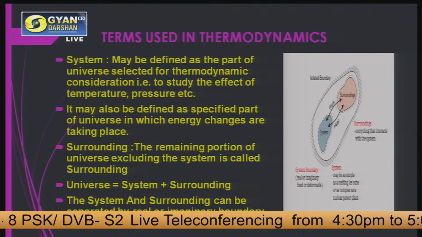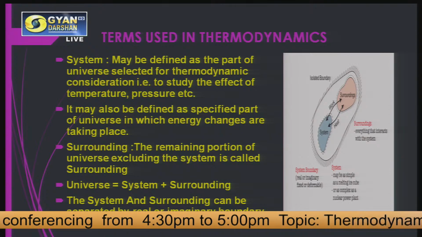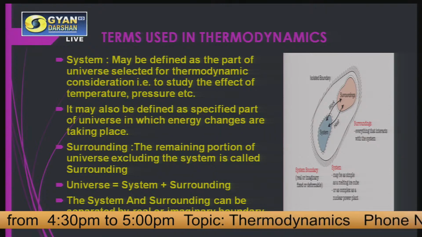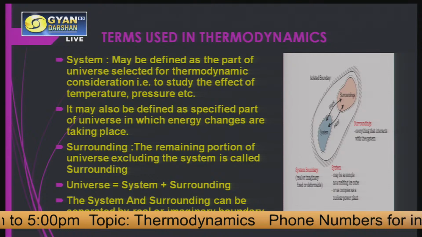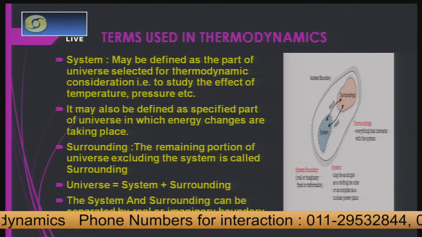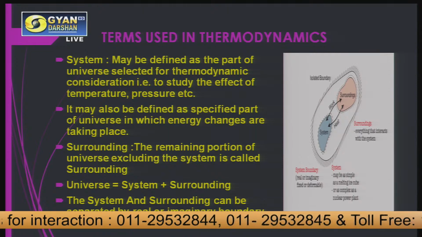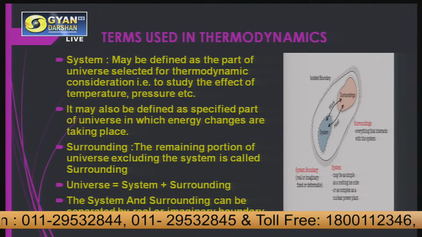Generally it is defined as the part of the universe that is selected for our study or thermodynamic consideration. That is, we will study the effect of the various properties of this system. And what are these properties? These properties are basically temperature, pressure, volume, etc.